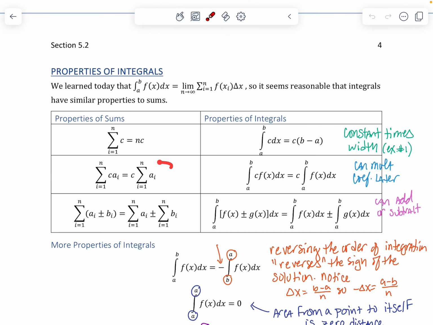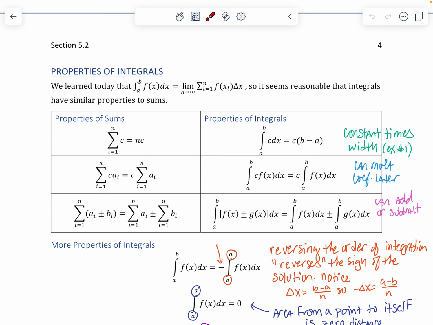What I think is a little easier to start with is this middle one. We had said if you ever have the limit of a constant times a function, you can pull it out. If you have a summation of a constant or coefficient times some iteration, then you can pull that coefficient in front of the summation and then just calculate the summation that will be multiplied.